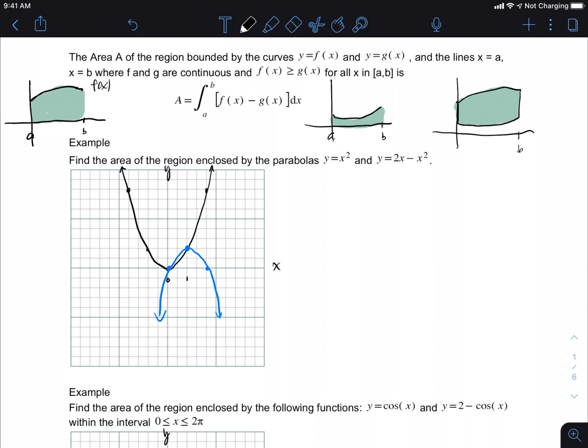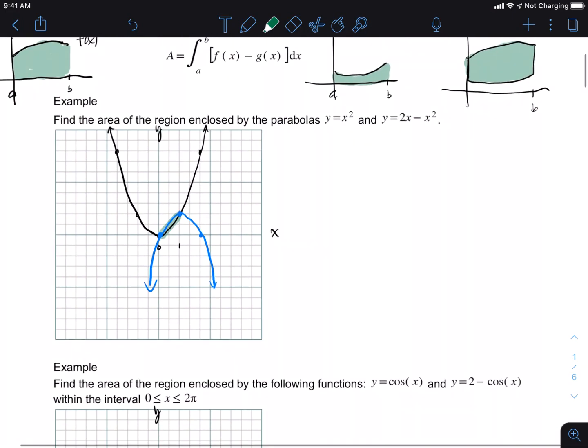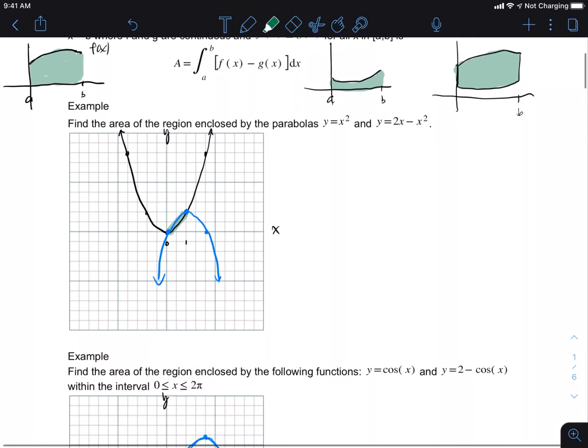And so we can see if we zoom in on this thing, there's an enclosure, and that enclosure now needs to be the area that we're looking for. So it's this small area, but now we need to find the bounds that enclose this thing.